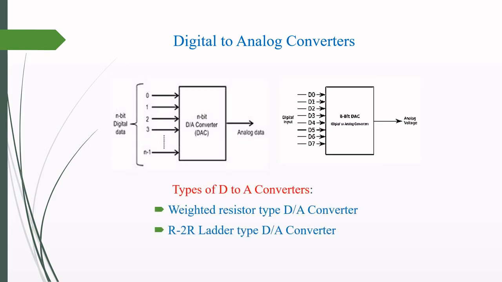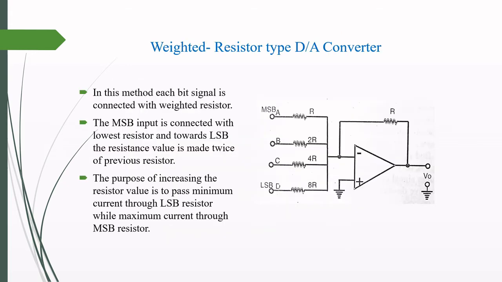There are two types of D2A converters, weighted resistor type D2A converter and R2R ladder type D2A converter. Let us see weighted resistor type D2A converter. In this method, each bit signal is connected with a weighted resistor. You can see in the diagram R, 2R, 4R and 8R, these are weighted resistors.